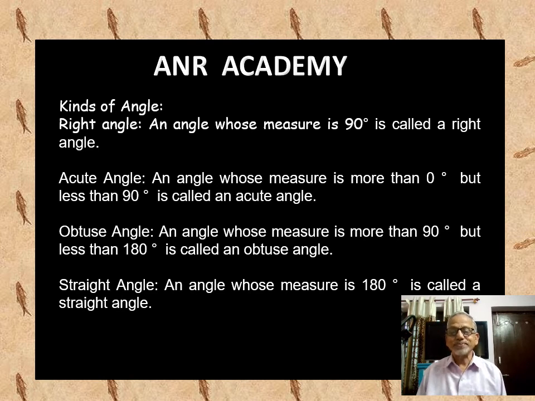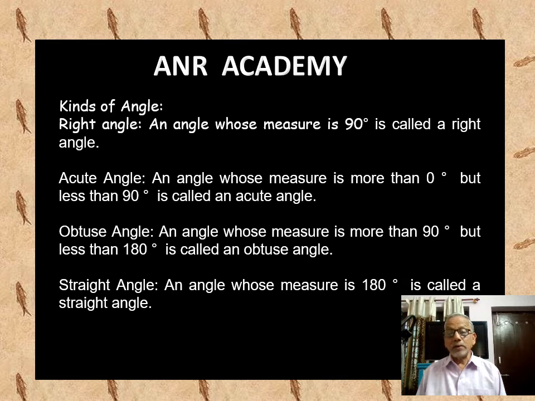Right angle. What is a right angle? An angle whose measure is 90 degrees is called a right angle. Acute angle. What is an acute angle?